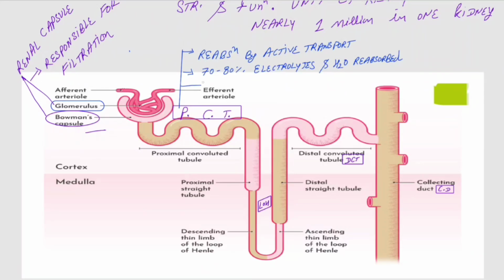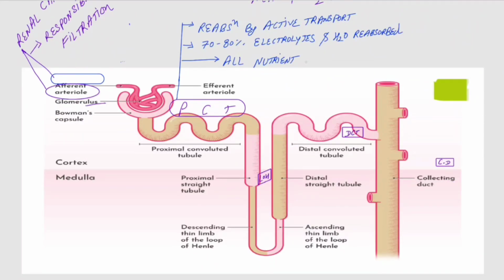All nutrients like glucose, amino acids, and fatty acids are reabsorbed by PCT, proximal convoluted tubule. 70 to 80% of electrolytes are reabsorbed by PCT and 99% of water. Clear?